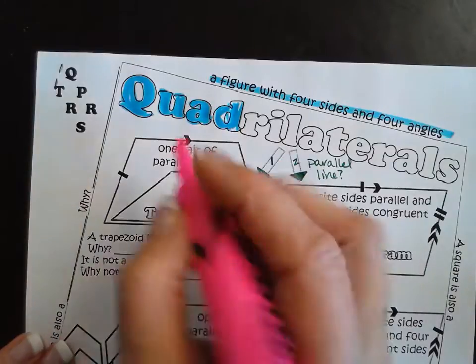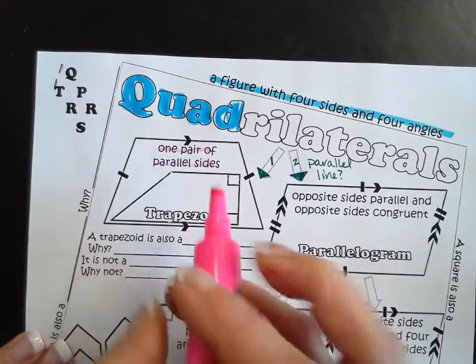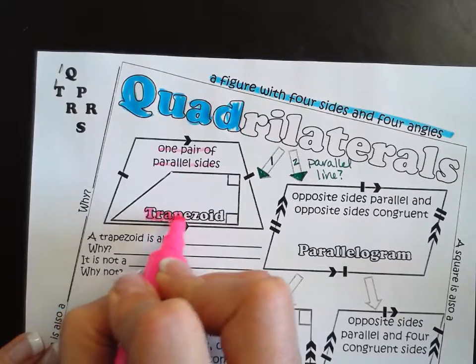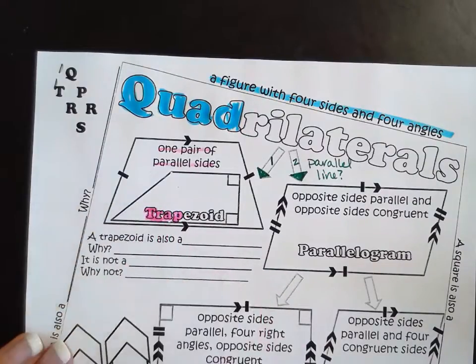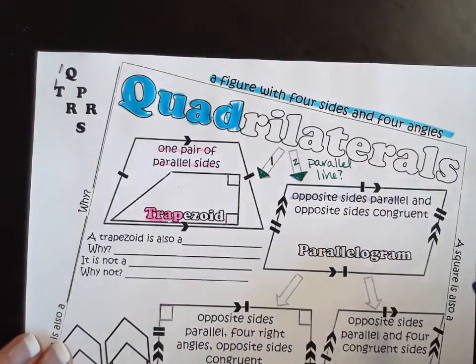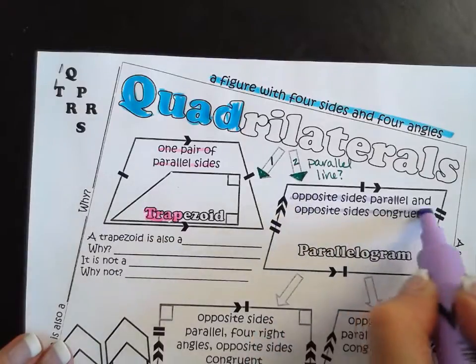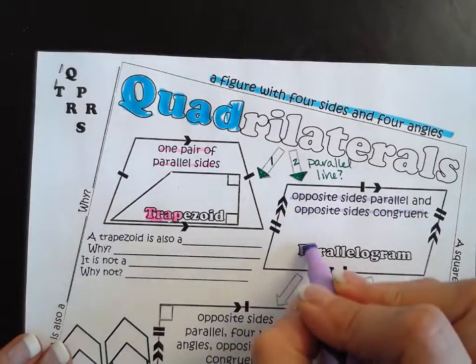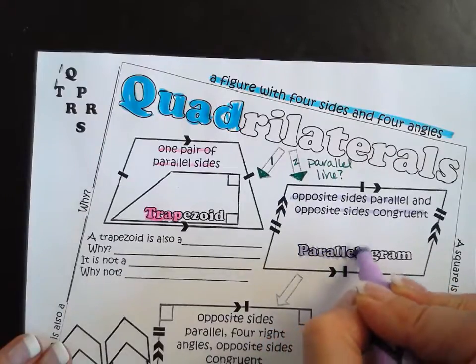All right, and if I have just one pair of parallel lines, then I'm the trapezoid. If I have both sets of opposite sides parallel, that's also going to make your opposite sides congruent. That makes me a parallelogram.